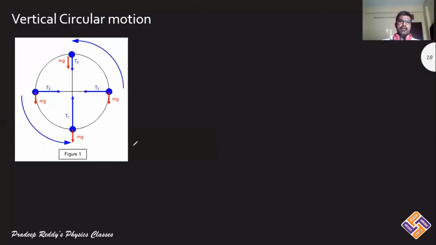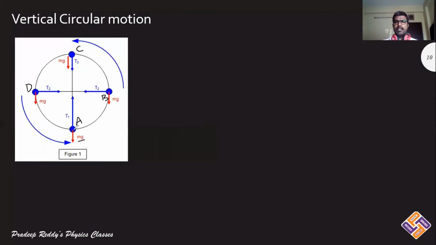Students, we already have discussed what happens in case of vertical circular motion. When the body is going up, velocity decreases with respect to time, and the direction of tension in the string also changes with respect to time when the body is going upward. Now, let me consider this position as A, this position as B, this position as C, this position as D. At A, gravitational force is in the downward direction, mg.